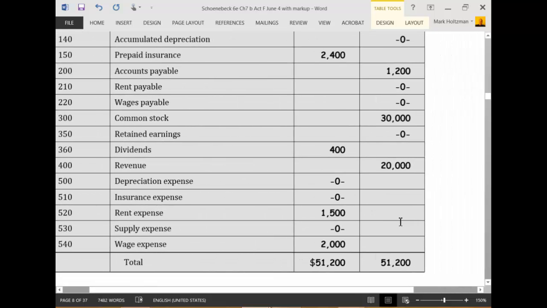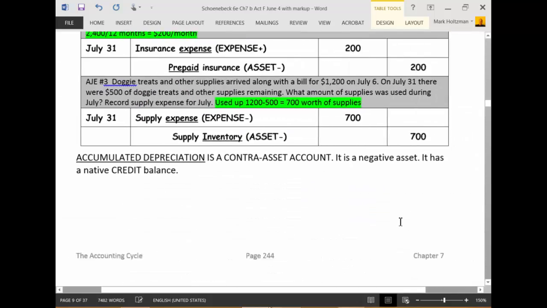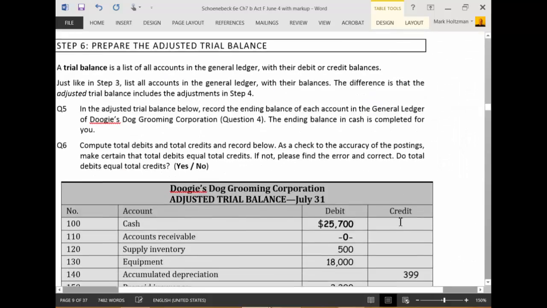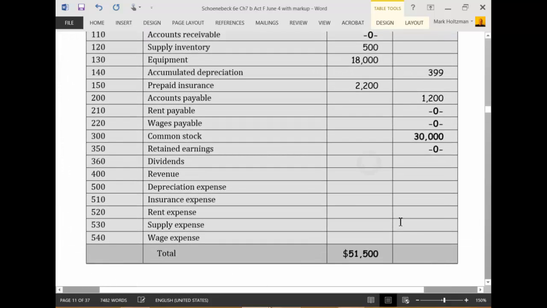We'll be doing retained earnings in a few minutes. Dividends, we paid a dividend of $400. The balance in revenues is $20,000. Put this over here so I can actually see what I'm doing.